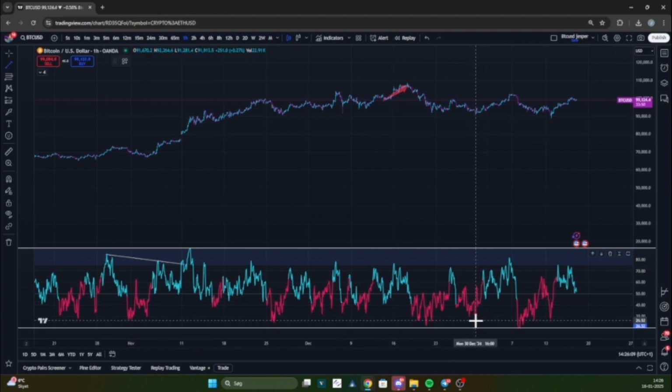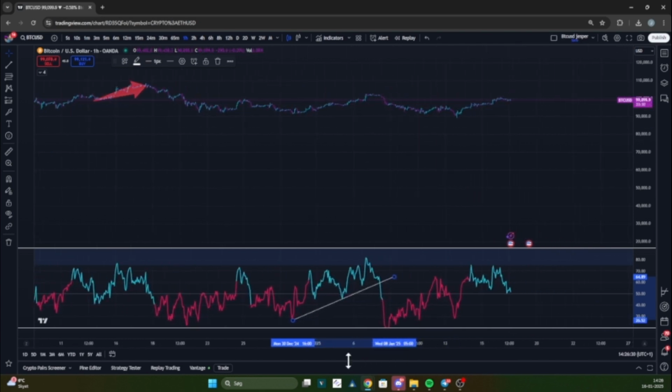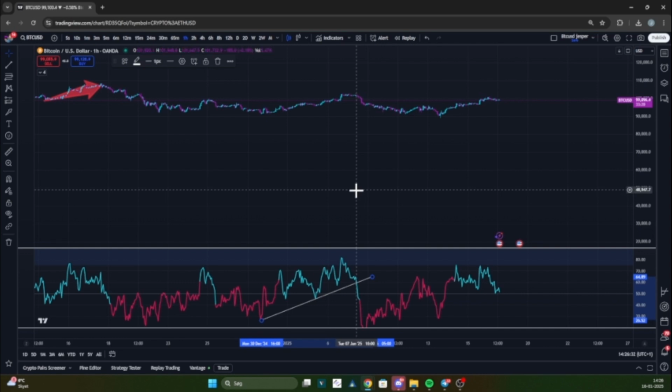But if we look, here's a bearish version. We have a trend line with two touches. We have a break down, and that actually aligns beautifully with a breakdown in price. But RSI is revealing this to us slightly before it actually happens, because it shows a change in momentum.